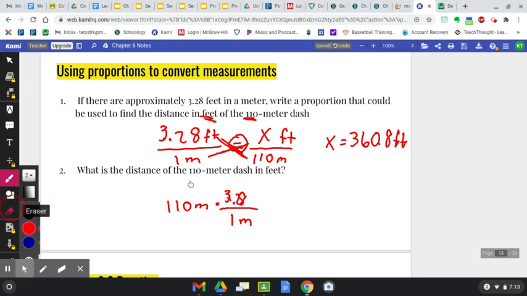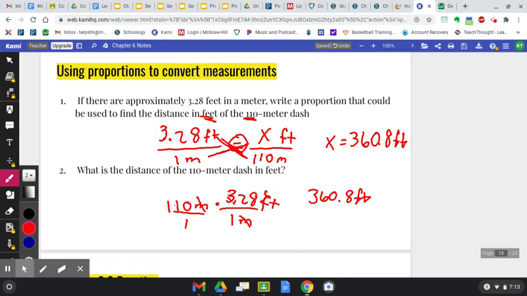Let me clean that up. For every meter, we have 3.28 feet, right? And so we know that the meters would cancel, right? And then we multiply fractions straight across, we would get 360.8 feet.